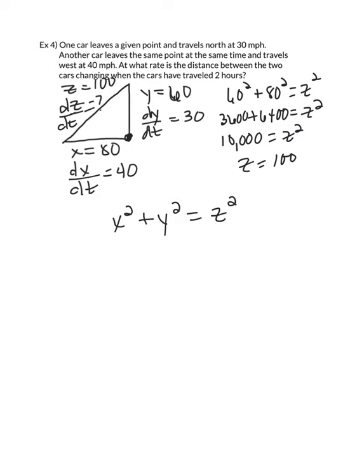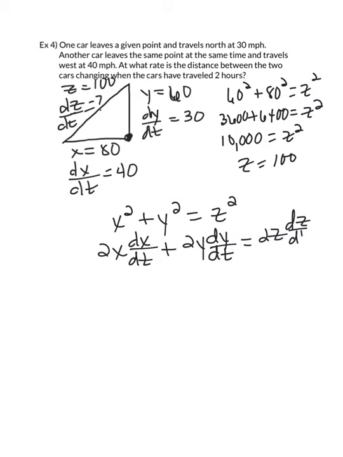So do the derivative of each term. 2x is the derivative of our x term. Because it was x, we must write dx/dt, plus 2y dy/dt equals 2z dz/dt.